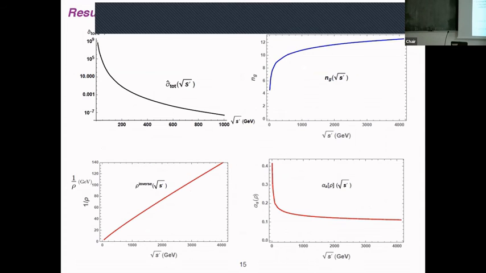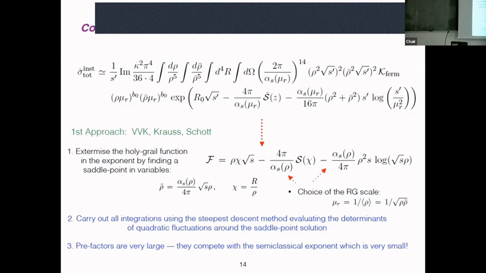Okay, so in the first approach, the paper with Frank Krauss and Matthias Schott, Frank is my colleague in Durham, and Matthias Schott is an Atlas experimentalist, we just computed all of these integrals using a saddle point approximation. There is a plus and a minus to this story.